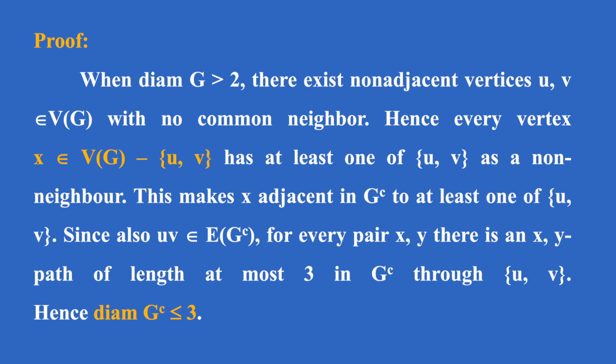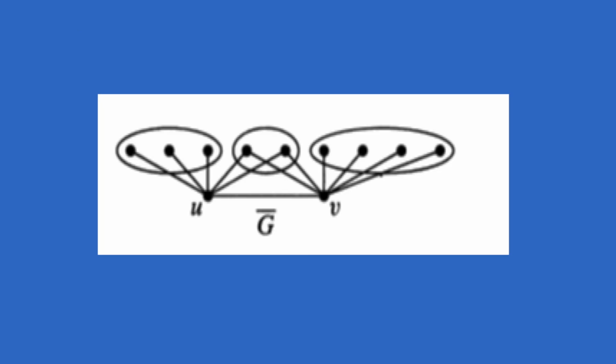Since also uv belongs to E of G complement, for every pair x, y, there is an x, y path of length at most 3 in G complement through the set u comma v. Hence, the diameter of G complement is less than or equal to 3. We can refer to this theorem by visualizing it with the diagram that will be displayed on the screen.